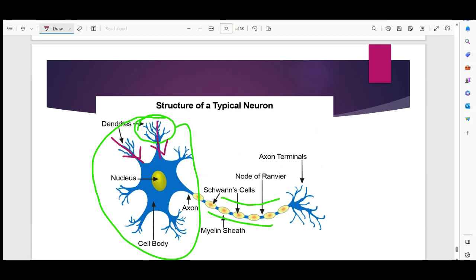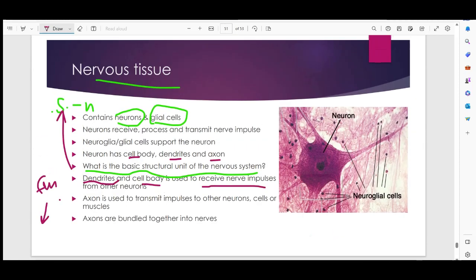Information comes from other neurons, and each of these dendrites is taking information. It's at the receiving end of the neuron, and through the cell body, information is passed outside from the neuron through the axon. That's the difference between the function of the dendrites and axon.